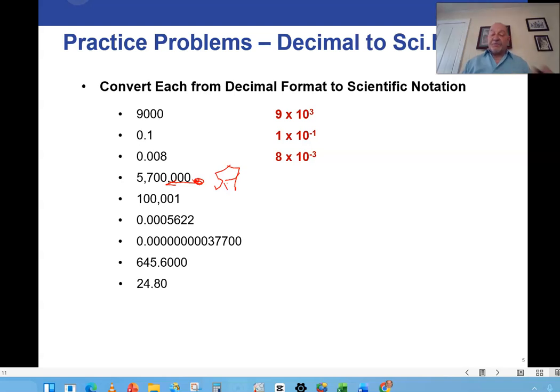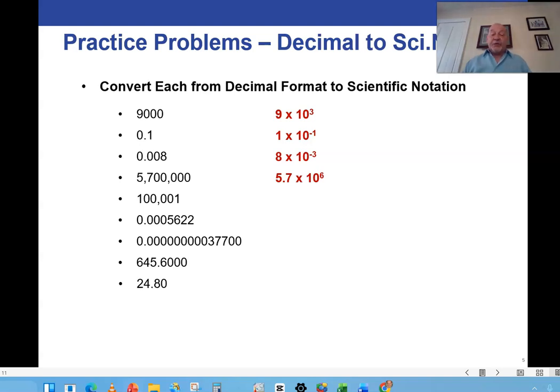Notice you moved it 6 places, making it artificially smaller by 6 powers of 10, and then you would have to multiply it back up by positive 6 powers of 10 to get your answer of 5.7 times 10 to the 6.